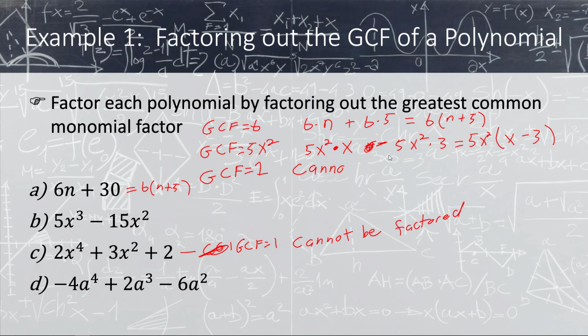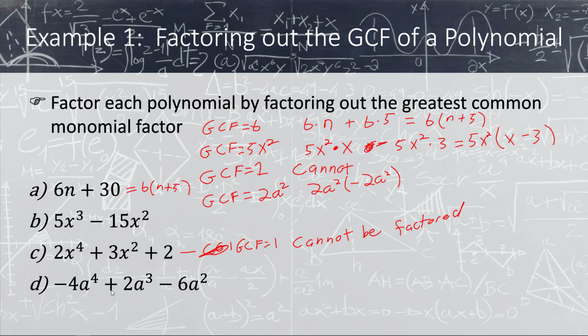Now for the last one, the greatest common factor is equal to 2a squared. We want to find the other factor of negative 4a to the fourth. In other words, the term which, when we multiply it by 2a squared, will give us 4a to the fourth, not 4a squared. And that would be 2a squared times negative 2a squared.